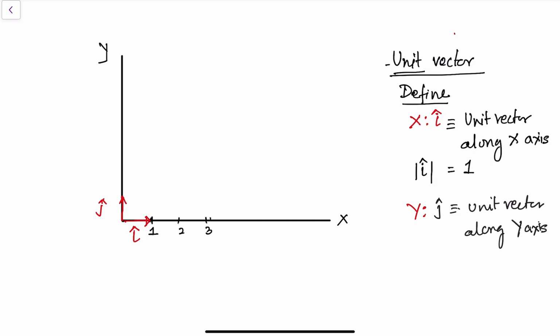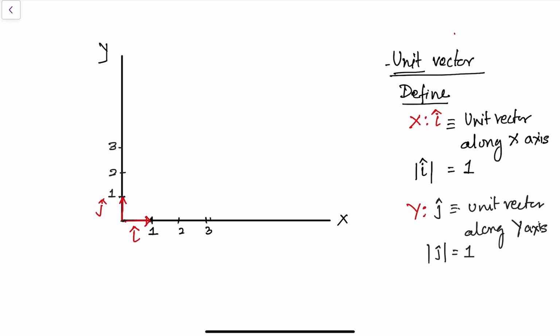What is the magnitude of j cap? Remember, it's a unit vector. Any vector with a cap has the magnitude 1. That means from here to here the length is 1, and you go another same distance, this is 2, this is 3 units, so on and so forth.